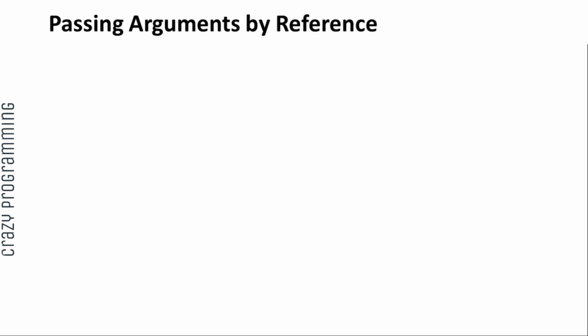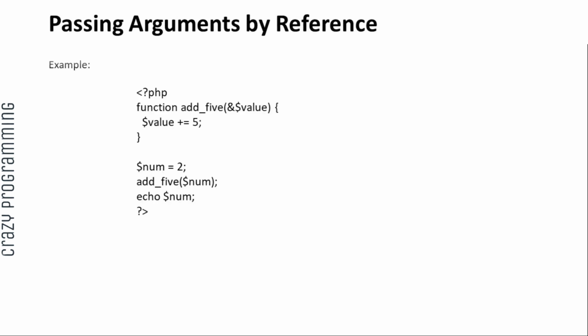Now, passing arguments by reference. In the example you can see I use a function add_five, and I use a new variable with an ampersand, &$value, and inside the function I use the value variable plus equals 5.